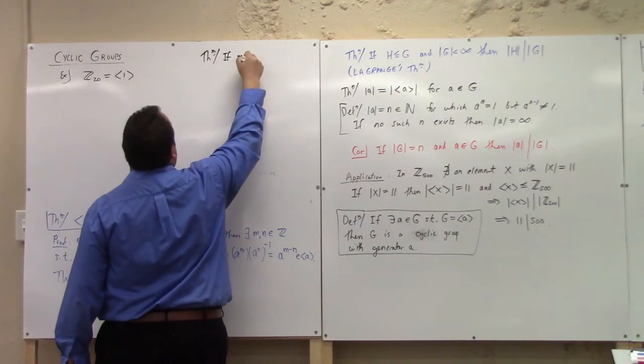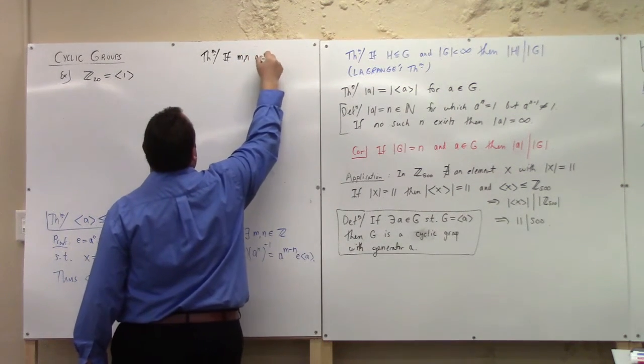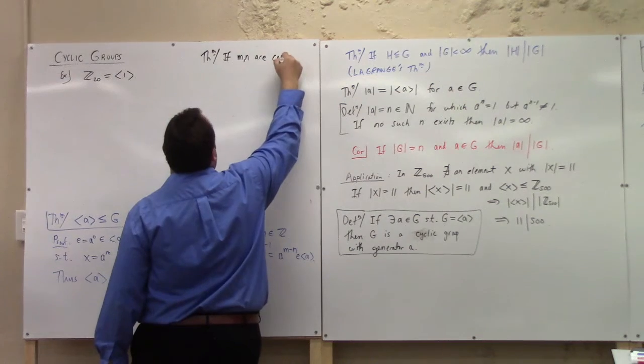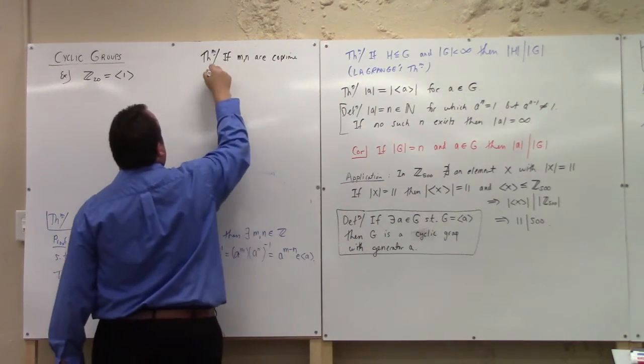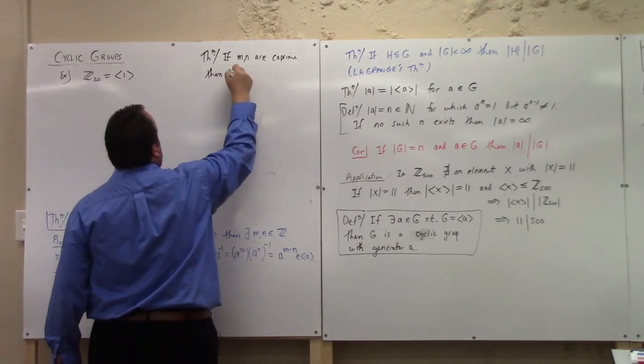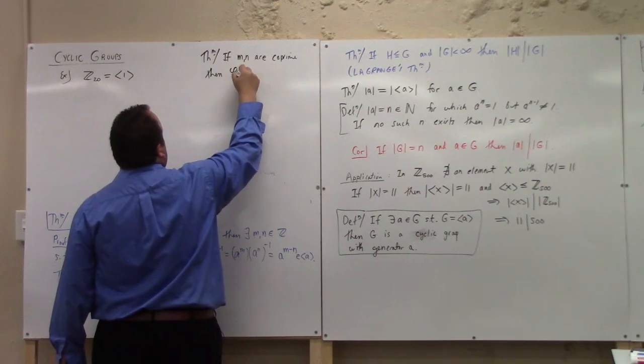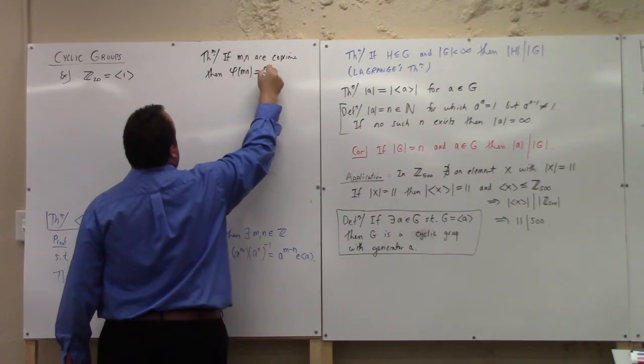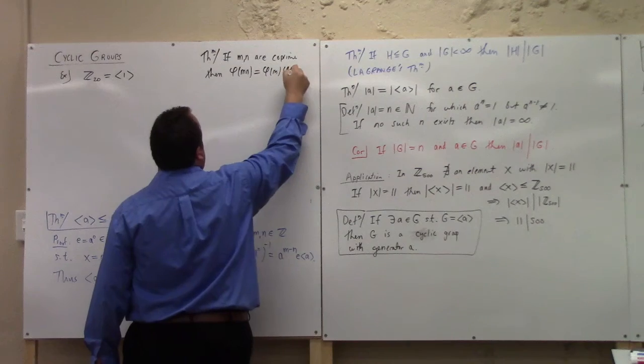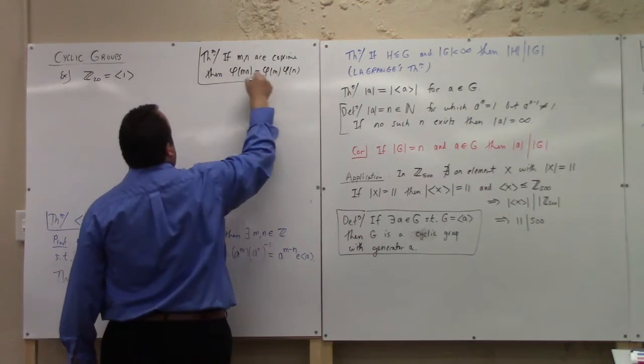If m and n are coprime, then phi of mn is equal to phi of m times phi of n. That's a theorem we'll prove next time.